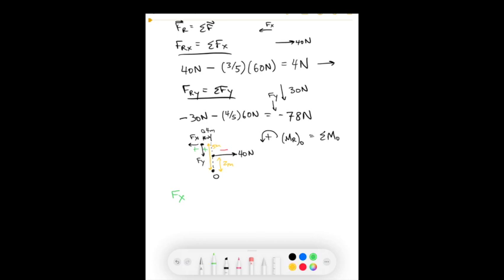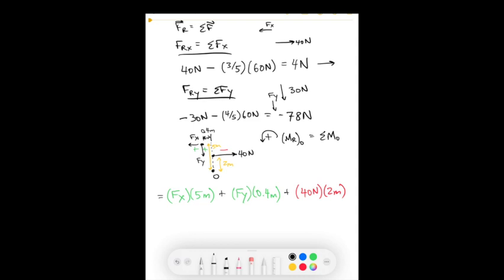The x times the 5 meter distance plus Fy times that distance, which is 0.4, plus the negative moment, which is the 40 Newton force times the 2 meter distance.